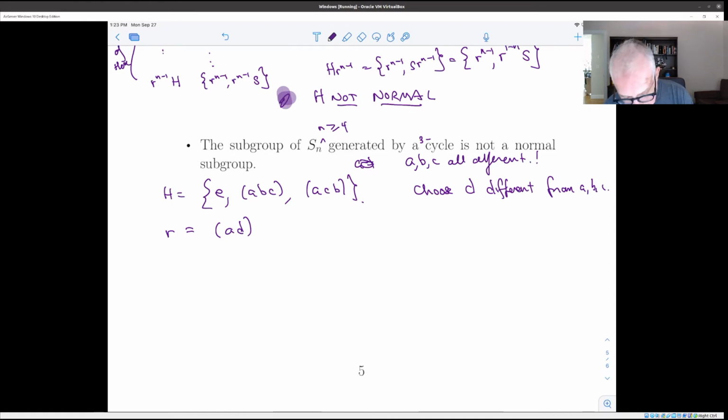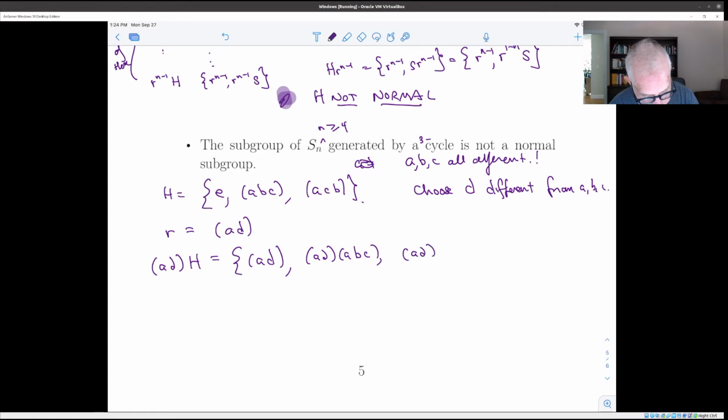And let's look at the left coset, (A D)H. Well, that's (A D), and then (A D) times (A B C), and then (A D) times (A C B).